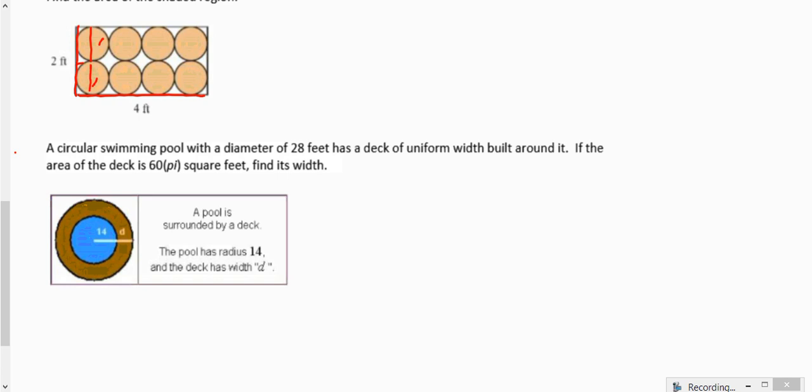So if we find the area of one circle, so pi r squared, one circle has a radius of 0.5 because the diameter is 1. And we square it, take it times pi, that would be one circle. And that would have area of 0.785.